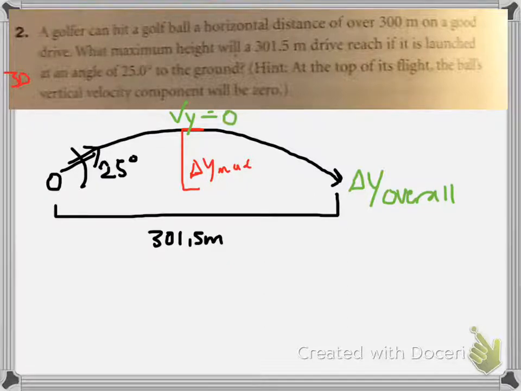Interesting. Also 0. Okay, we're going to create an expression for this entire thing that relies on the fact that the delta y overall is 0. Trust me on this. It'll all work out. Here's the big key.